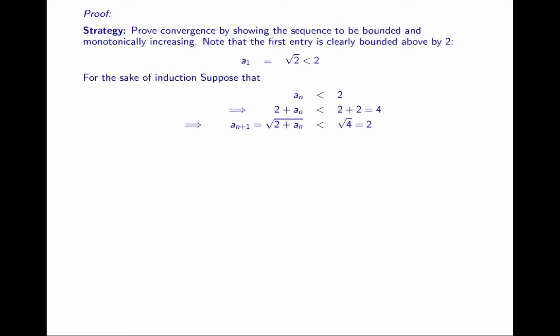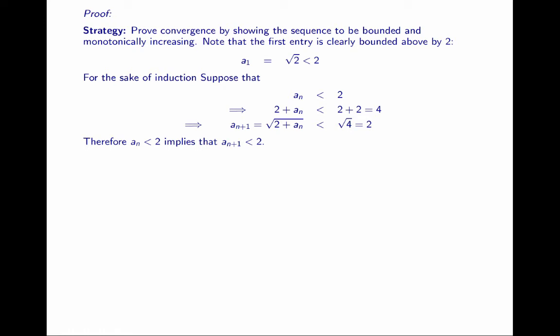If I take the square root of both sides, I get the square root of 2 plus a n. Well, that is, by definition, a n plus 1. And that's less than the square root of 4, which is 2. Therefore, if a n is less than 2, then a n plus 1 is less than 2.